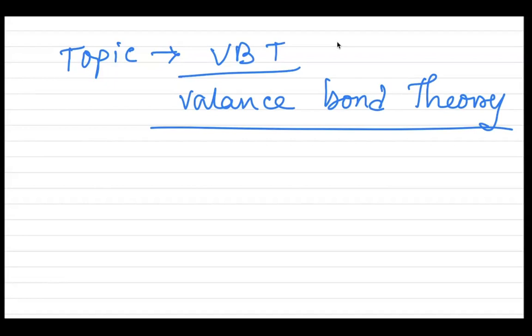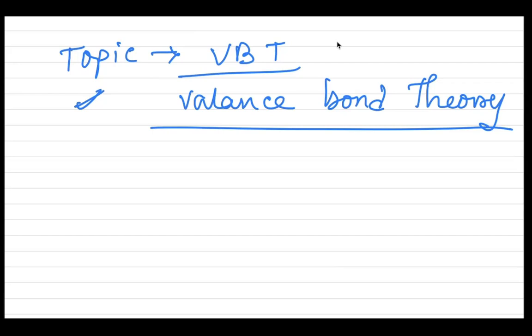Why is valence bond theory required? First we learned the Lewis structure. The Lewis structure doesn't give us an idea about the shape or geometry of the molecule, right? Then we learned VSEPR theory.